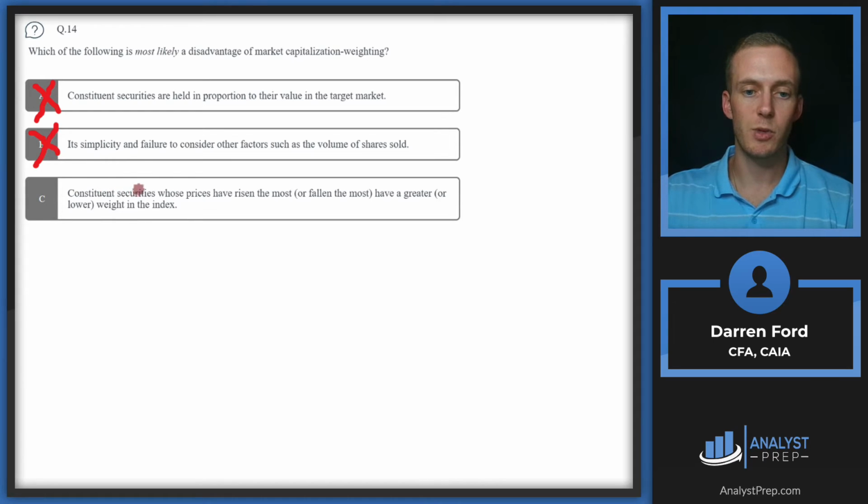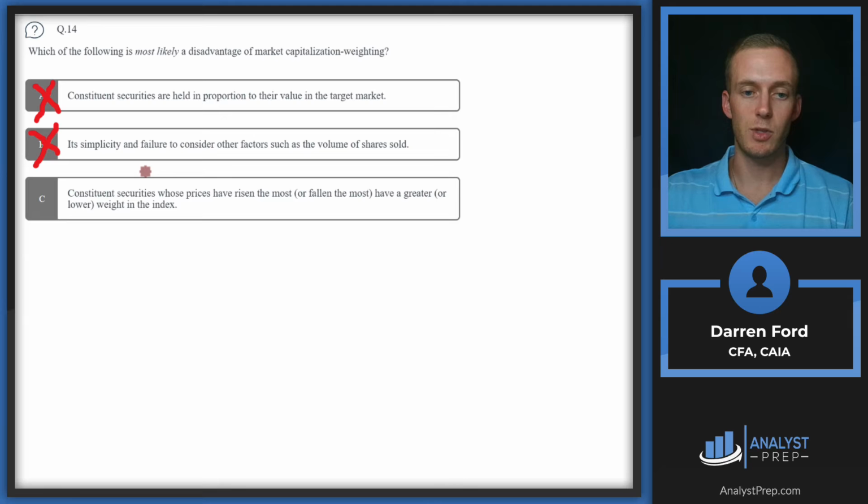Constituent securities whose prices have risen the most or fallen the most have a greater or lower weight in the index. So this is kind of what we were just talking about in B, and it's an issue we're seeing today in 2024.